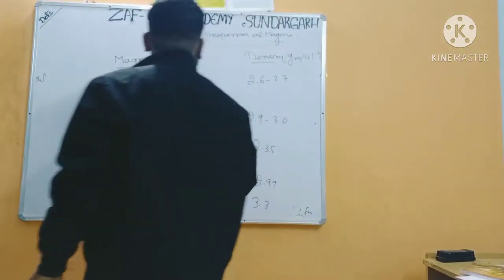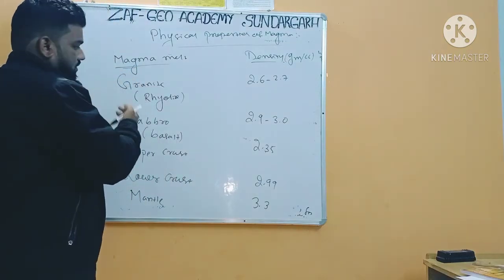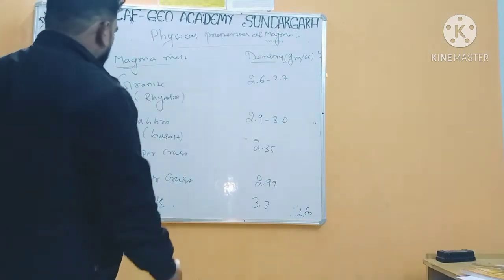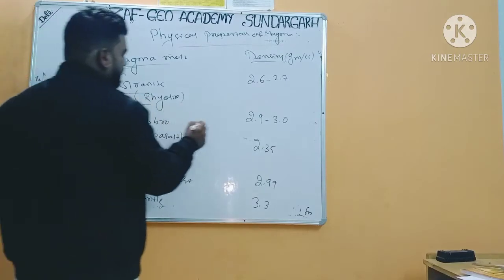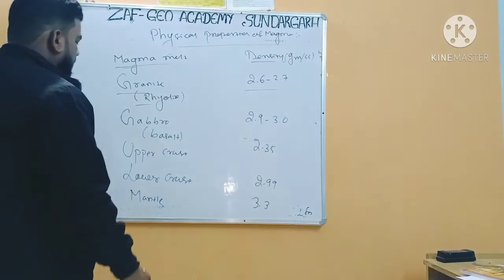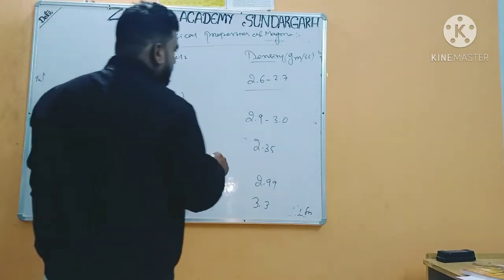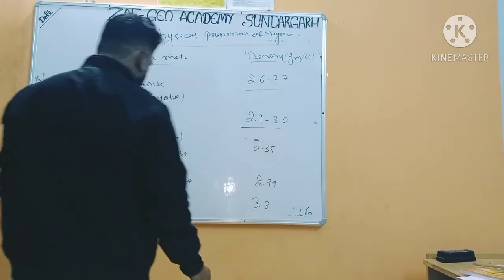Now, magma melt and density. What is the density of different magma melts? If the magma melt is granite or rhyolite, the density will be 2.6 to 2.7 gram per cc. If the melt is gabbroic or basaltic, the density will be 2.9 to 3.0.